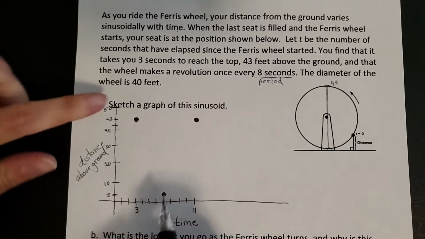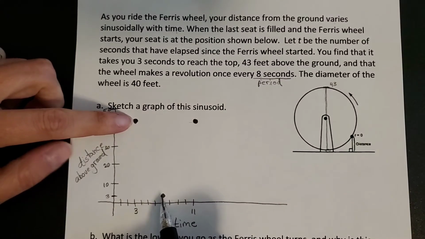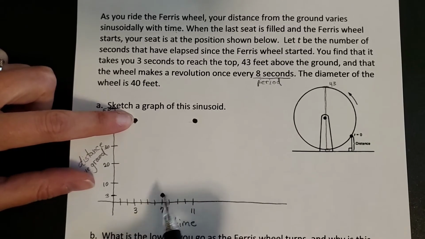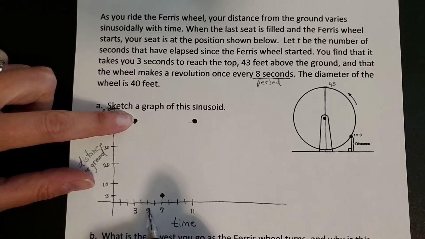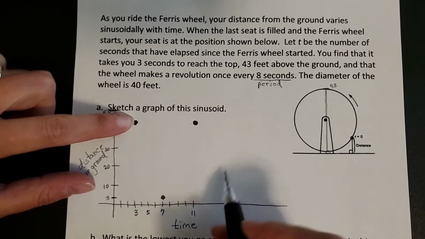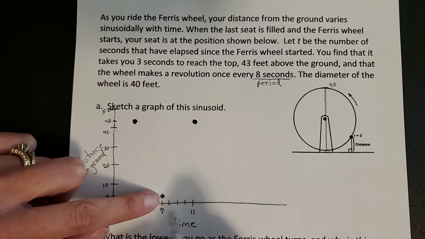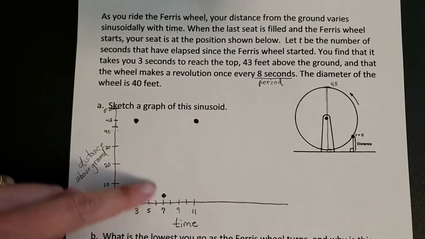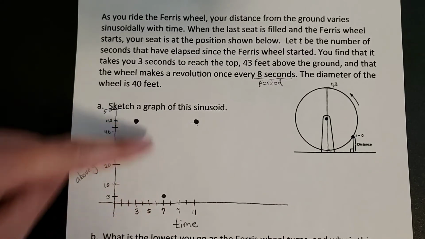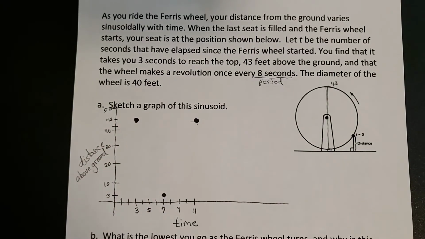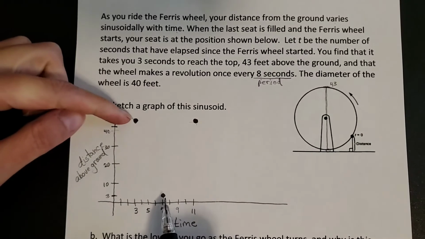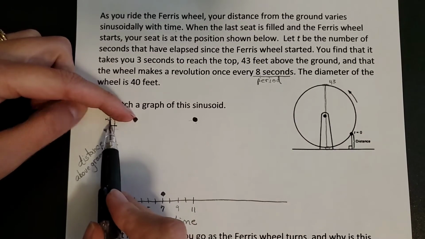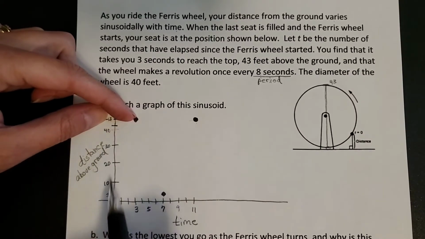Now what happens halfway in between a maximum and a minimum? Well, that's where that 0 value will be. That will occur at 5 seconds. And then there'll be another 0 here between 7 and 11 at 9 seconds. But where will that 0 or that halfway point be? Well, remember, it's going to be halfway between the maximum and the minimum. So here's 43. Here's 3. That's a distance of 40.